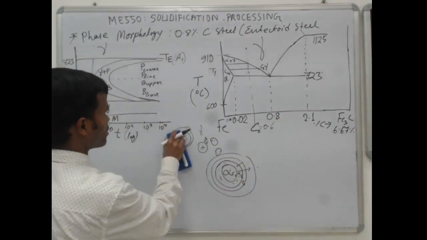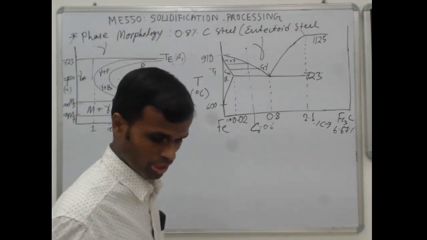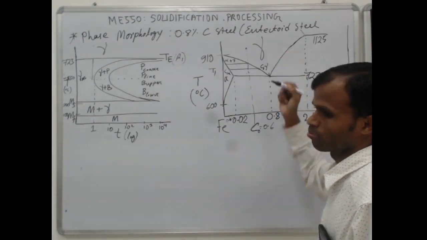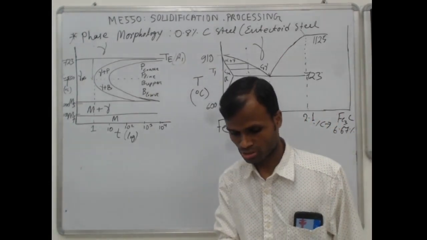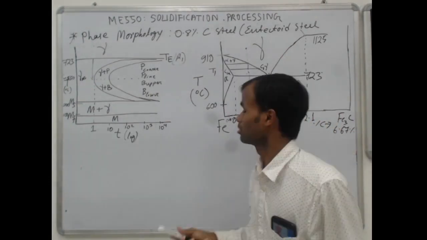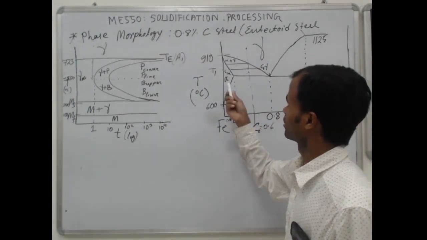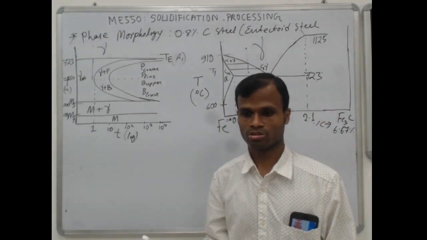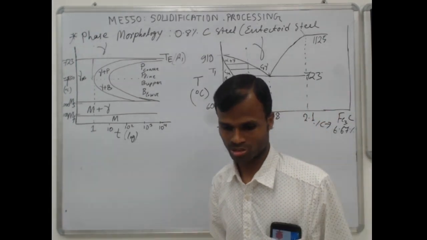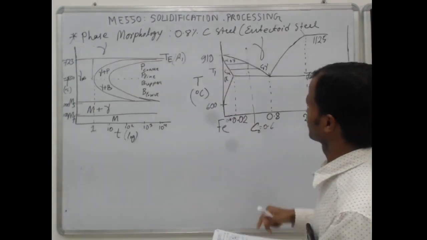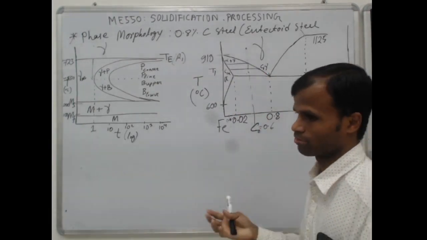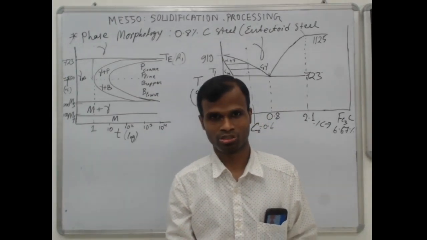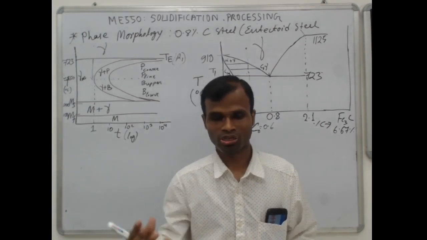So what will happen? You see, this is the FCC structure and this is BCC. FCC is a compact structure and ideally should not have more carbon than this at the same temperature. Alpha is BCC, and BCC is not the highest density structure. But in FCC the concentration increases because the interstitial octahedral voids are bigger in size, so it can accommodate more carbon.